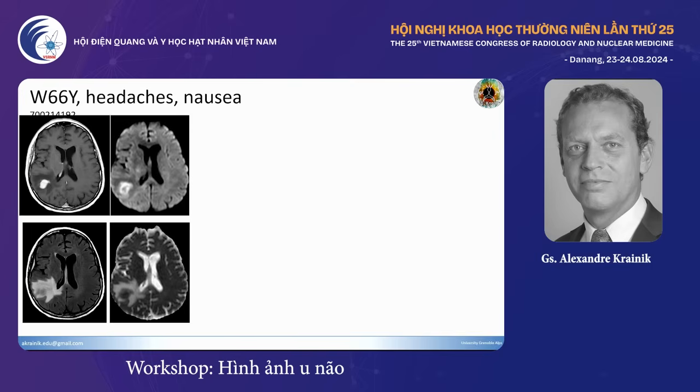Okay, then when you see a parenchymal abnormality with low ADC, there are two reasons. Low ADC means that the diffusion is impaired.